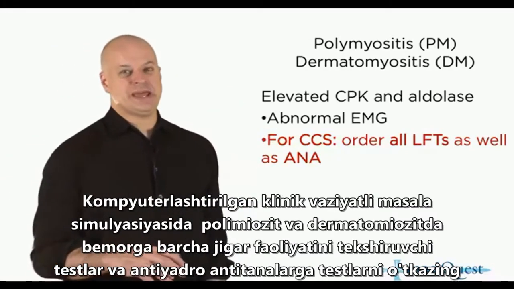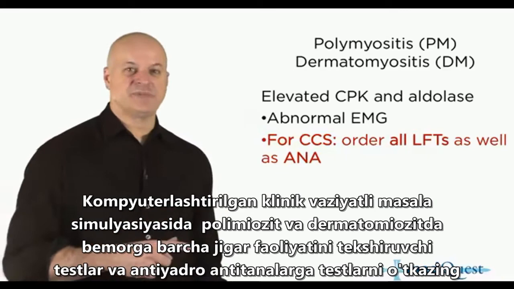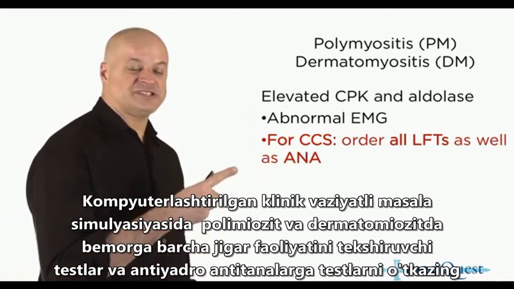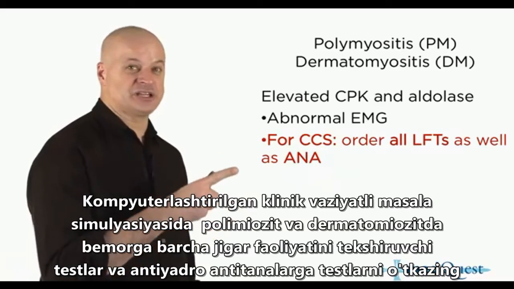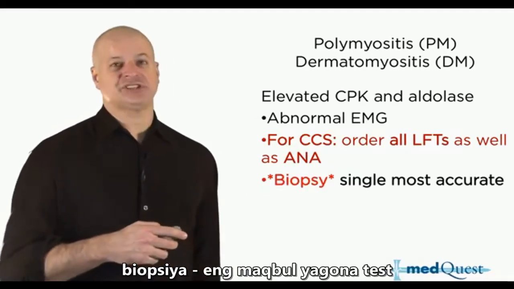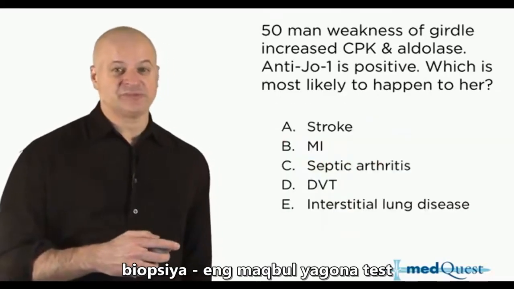So in a patient with polymyositis or dermatomyositis, you will never lose credit by tossing in some LFTs and the anti-nuclear antibody, the ANA. Biopsy is the single most accurate test, and you really should confirm this.